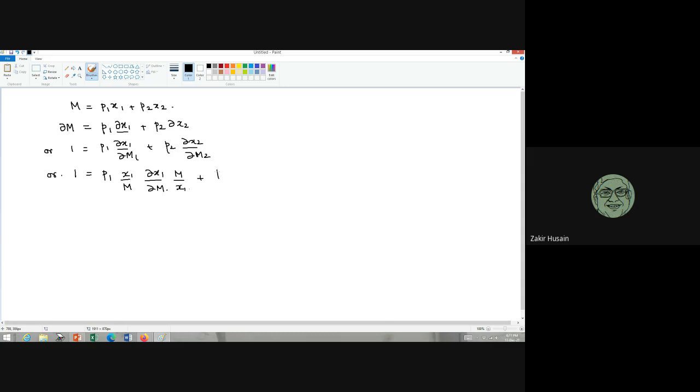Right. So in this way, this is P1x1 by m into income elasticity for the first commodity. And this is income elasticity of the second commodity.